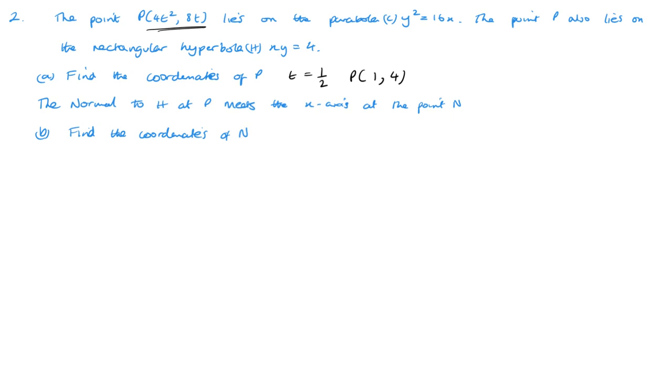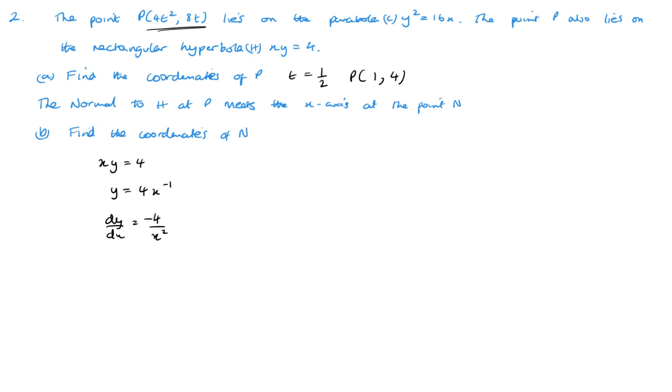Now, next up we've got the normal to H at P meets the x-axis at N. Find the coordinates of N. So H is the rectangular hyperbola, xy equals 4, and we're looking for the normal. So y equals 4x to the minus 1. dy by dx equals minus 4 over x squared.